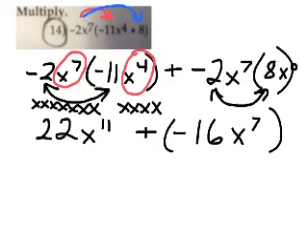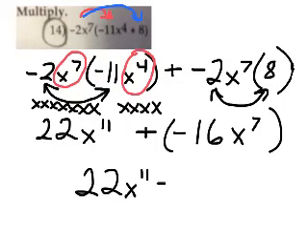And you notice we'd have 7 of these x's, and then over here we have no x's, right? So 7 plus 0 is 7. So our answer is 22x to the 11th minus 16x to the 7th.